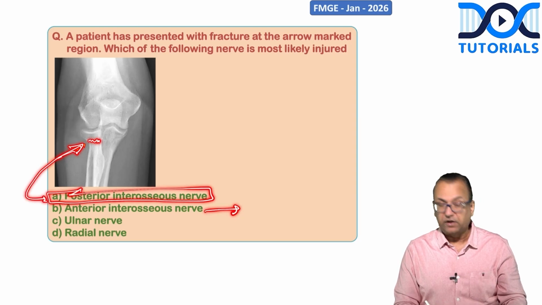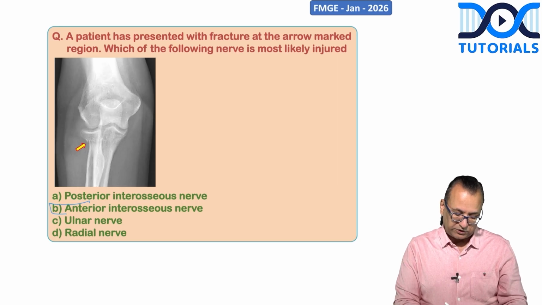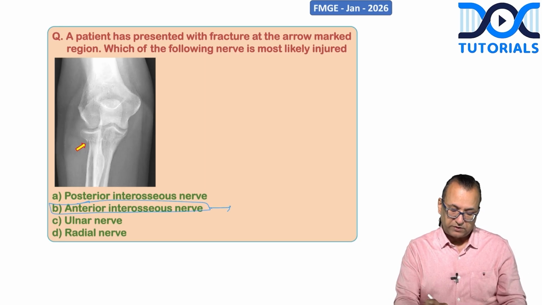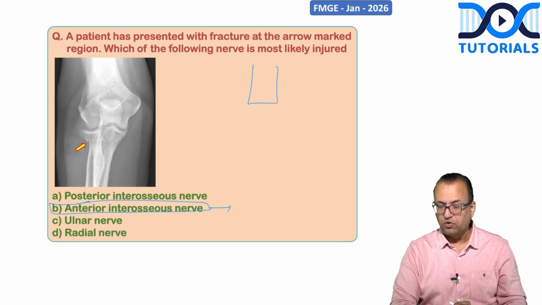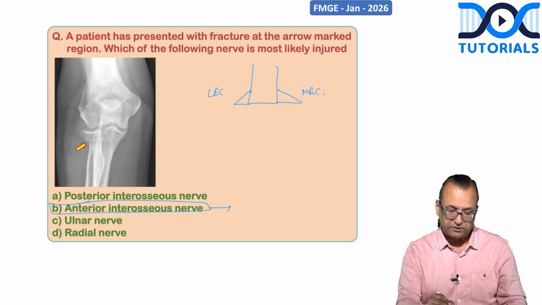Why not take your answer as anterior interosseous nerve? See, first of all, say this is the lower end of the humerus, right humerus. This is the lateral epicondyle, that is the medial epicondyle. Medial epicondyle is slightly larger. The ulnar nerve passes behind the medial epicondyle.